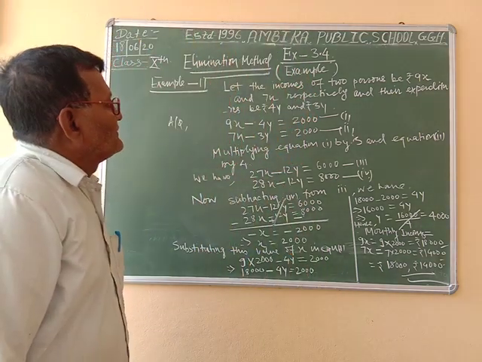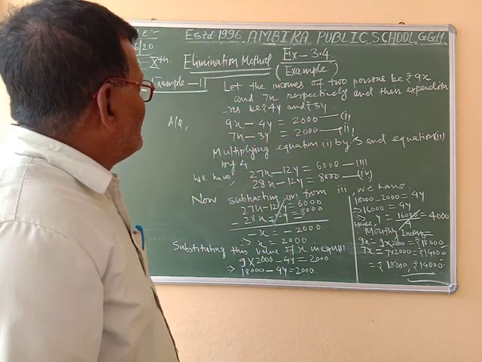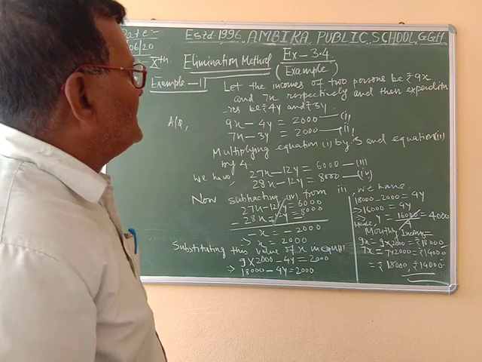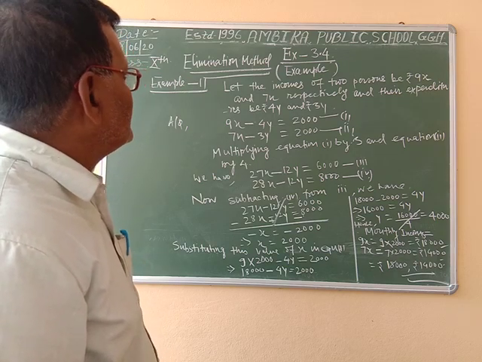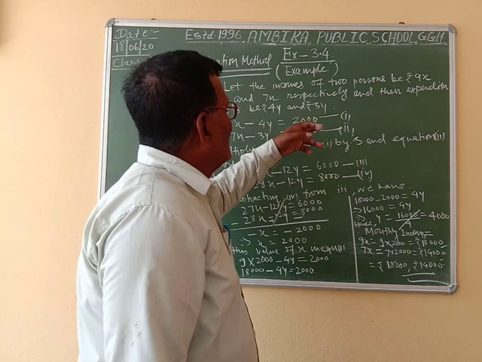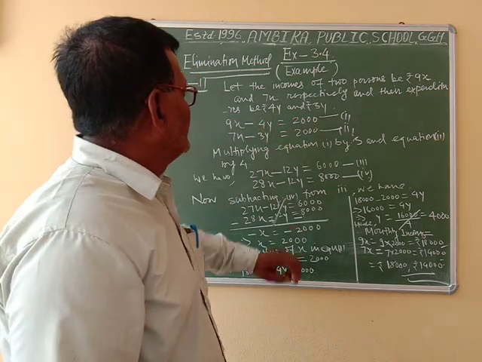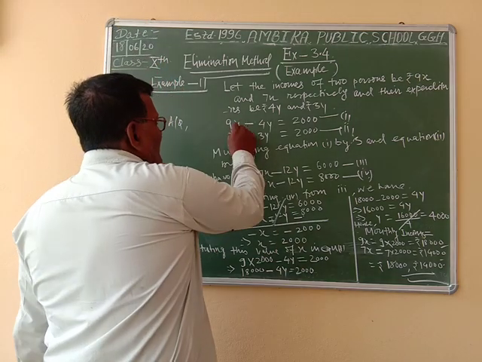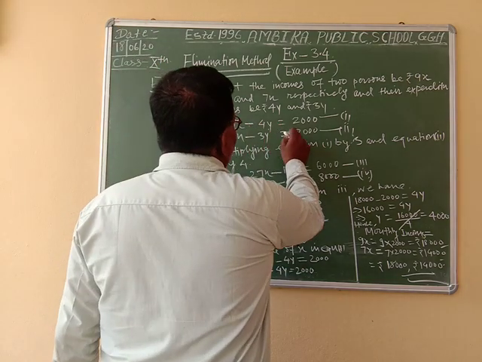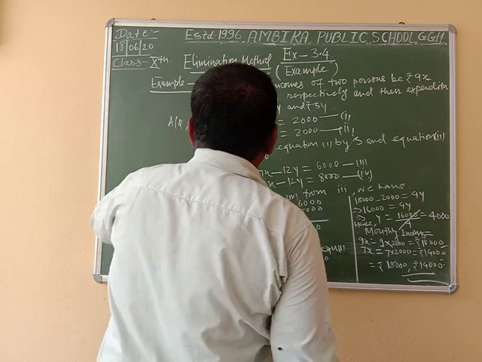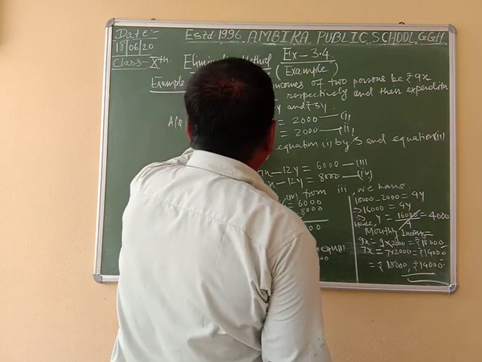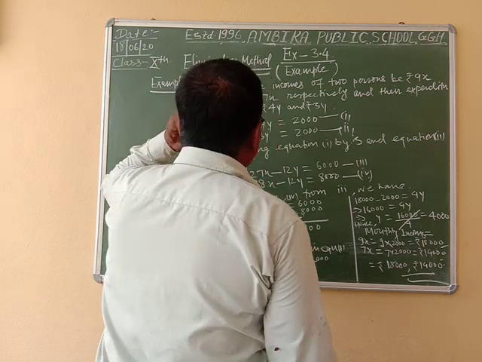Let the monthly incomes of the two persons be rupees 9x and 7x and their expenditures be 4y and 3y. So income minus expenditure is equal to saving. So 9x minus 4y is equal to 2000.